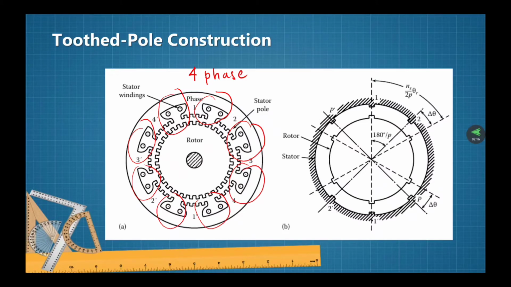Okay, this angle is 180 degrees divided by P, and all of the angle is Ns divided by 2P, theta r, where theta r is the angle of the rotor tooth pitch, and this is the rotor, and then Ns in here is the stator.